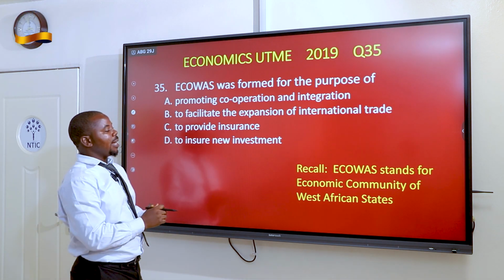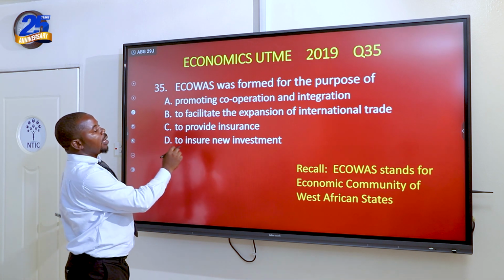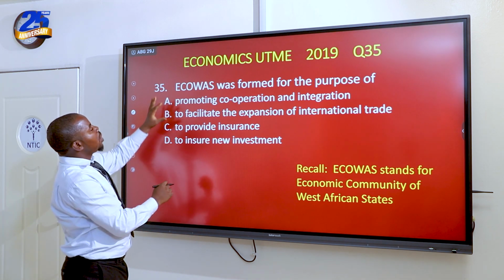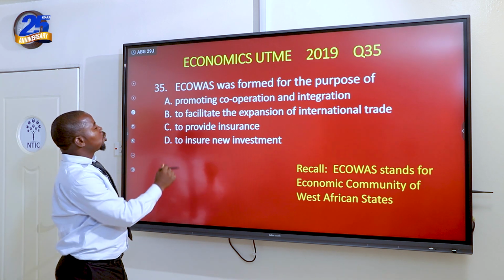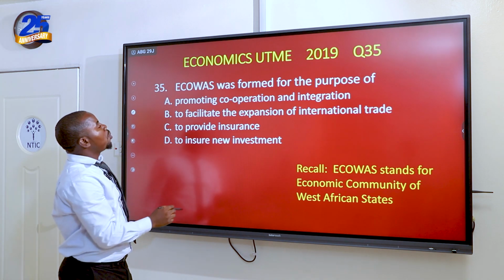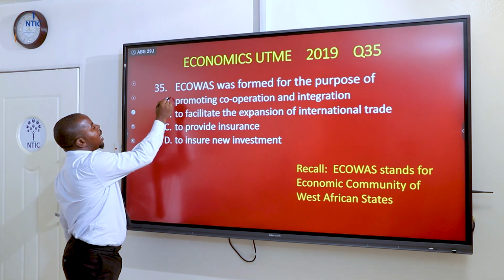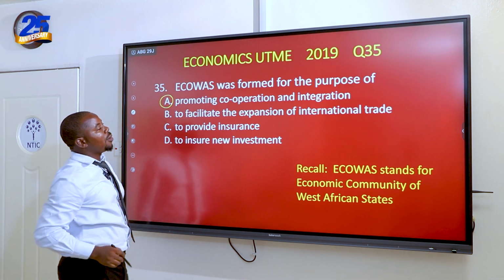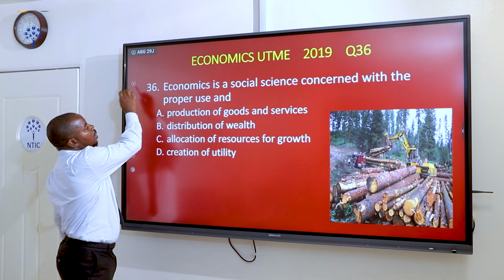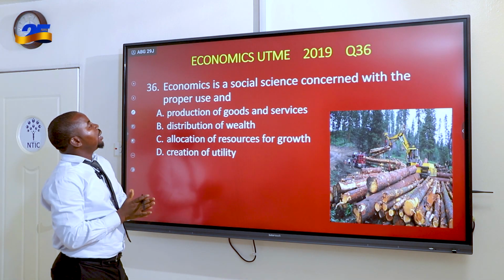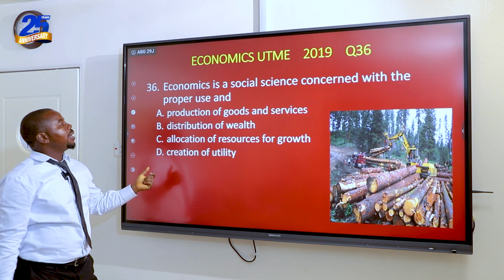So it's a regional economic integration. So what is the major aim of ECOWAS is to enhance or promote cooperation and integration among the member states. So the next question is question 36.